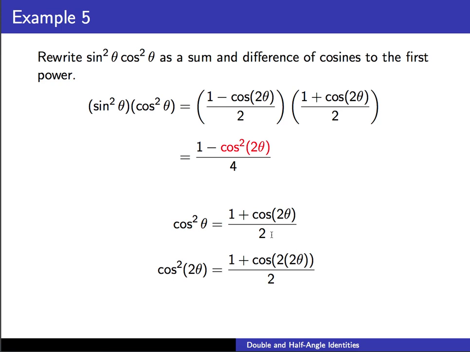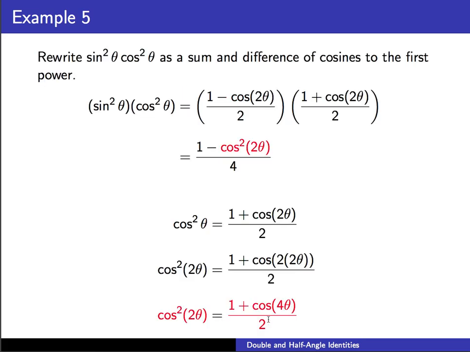So in our right-hand side, we have 1 plus the cosine of, this is the 2 here brought right down, and instead of theta, we're evaluating it at 2 theta. So it's 2 times 2 theta, and again that's all over 2, which is 1 plus cosine of 4 theta all over 2.